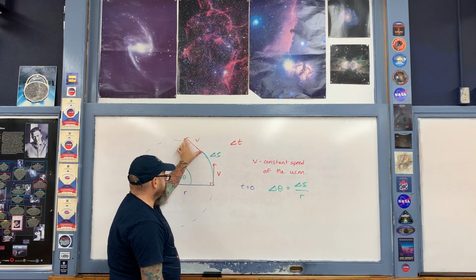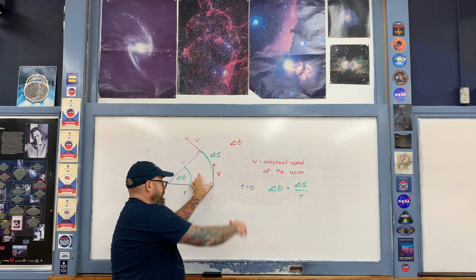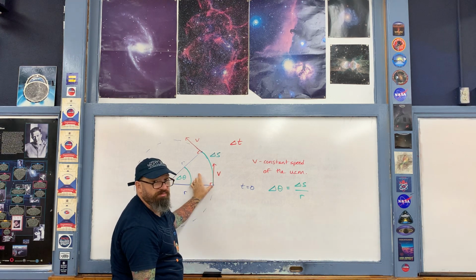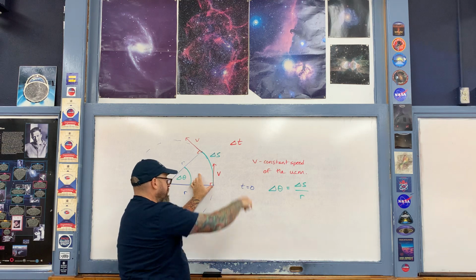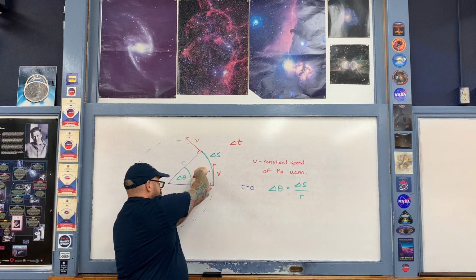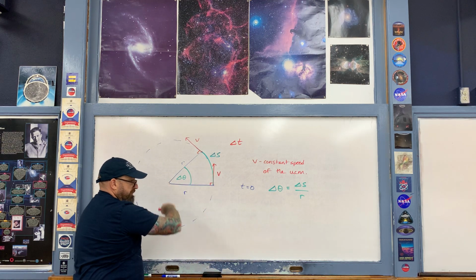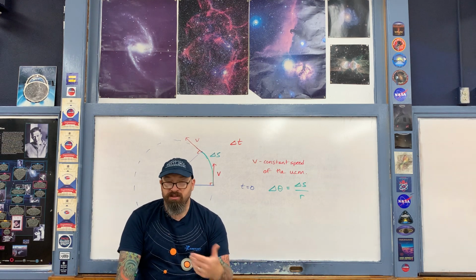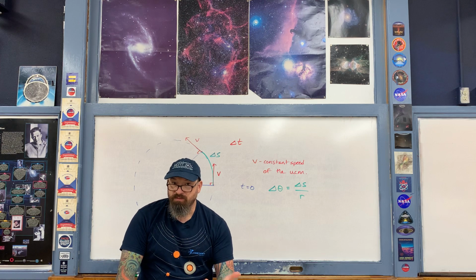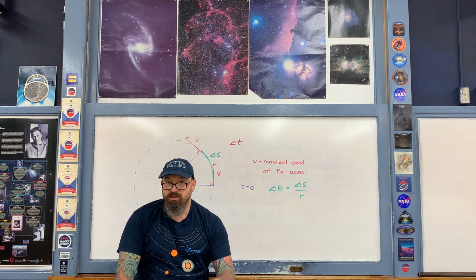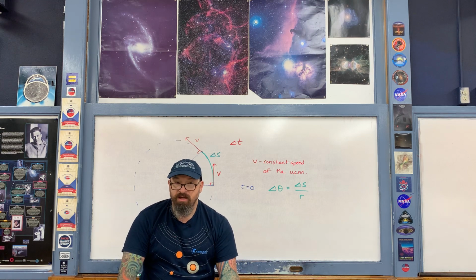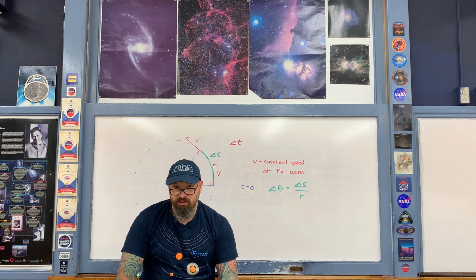Okay, so right here is the final velocity vector like so, and then right here is the delta v vector. Notice the direction that it's pointing in relation to the circle. Notice that the delta v vector is pointed inwards towards the center of the circle. The reason why that's important is because acceleration is the derivative of velocity with respect to time. The direction of the delta v vector is therefore always the same as the direction of the acceleration vector.